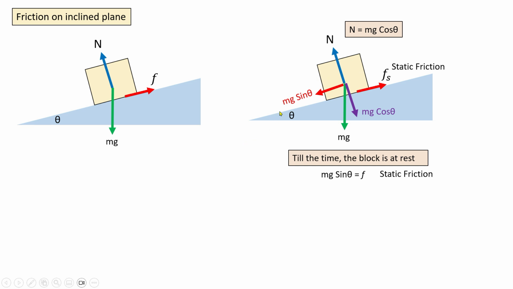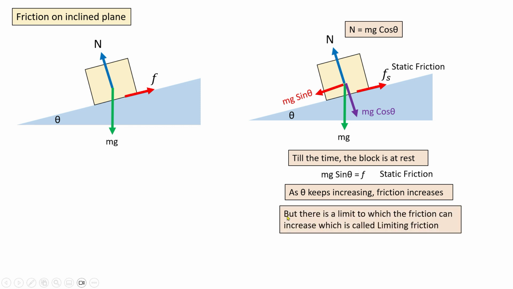Now, like we discussed earlier, if you keep increasing the value of theta, look here, we have mg sin theta. If theta keeps on increasing, the value of sin theta also will keep on increasing, which means F, the static friction value, will also keep increasing. So as theta keeps increasing, friction definitely increases. But friction cannot increase forever. There is a limit to which the friction can increase, which we know is called the limiting friction, FL.